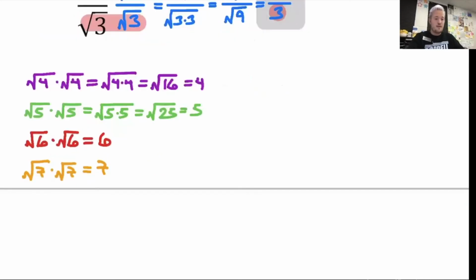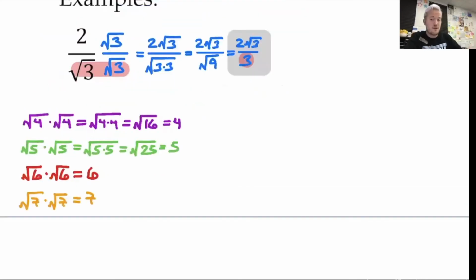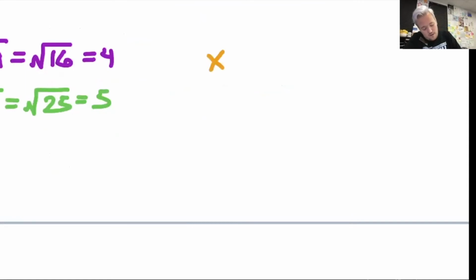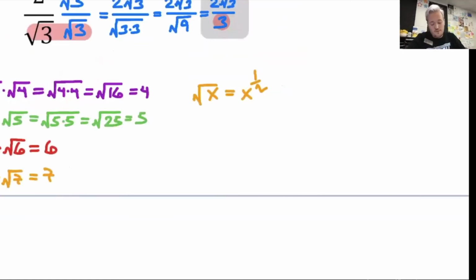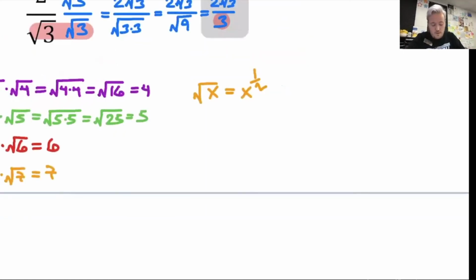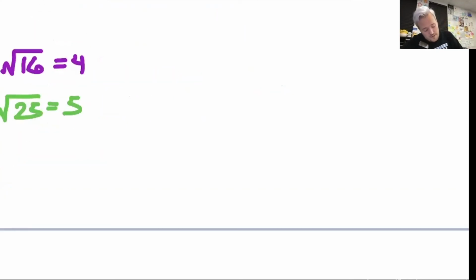The reason for that is the law of exponents. If you remember, anything that has a square root is raised to a 1/2 power. I'm going to go through this quickly just to show you why this works. I'll use the 4s as an example.